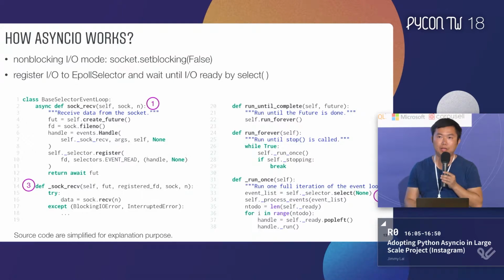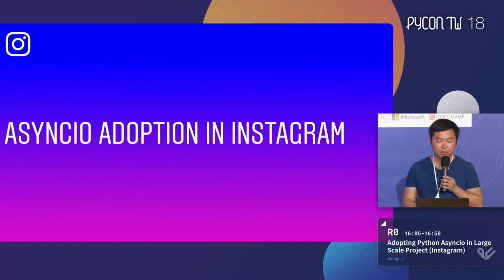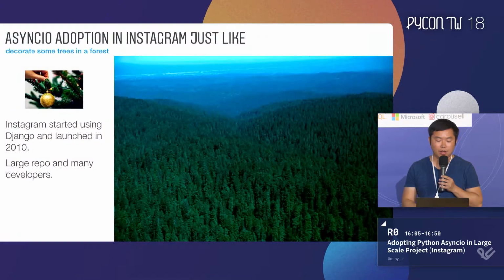Okay, so now we understand how async works, then we can start to think about how we want to use async in Instagram. Adopting async in Instagram is just like we have a very big forest. You can imagine in this forest a lot of trees.